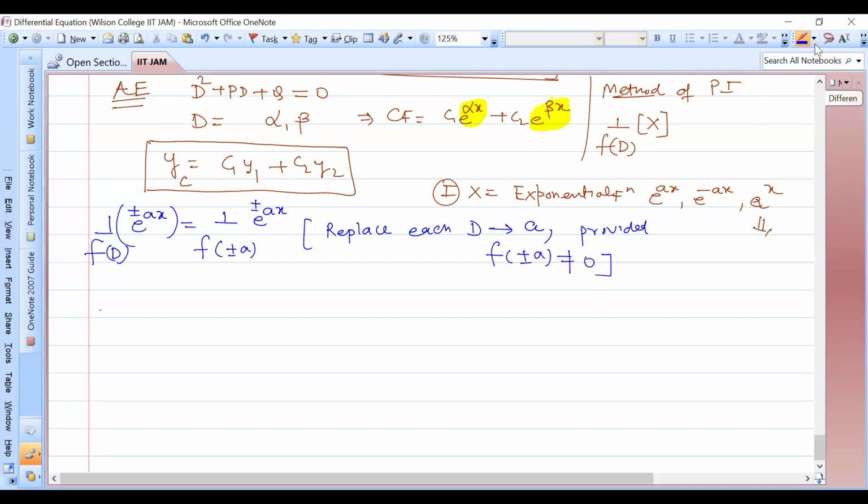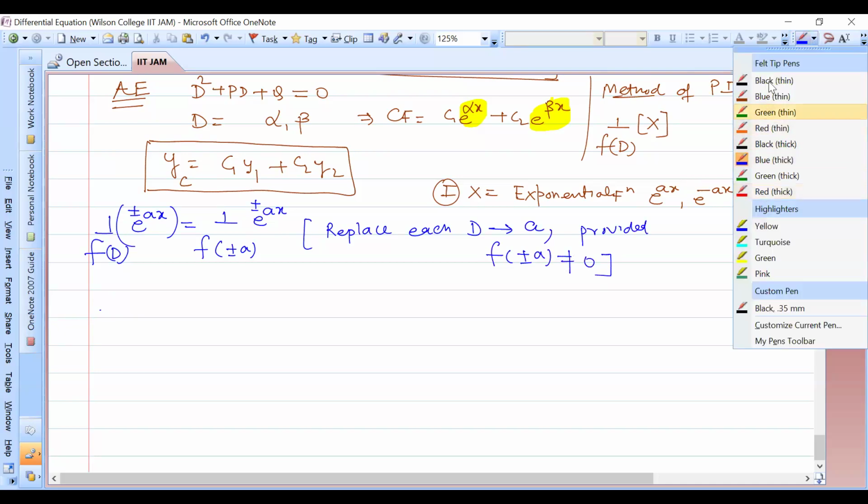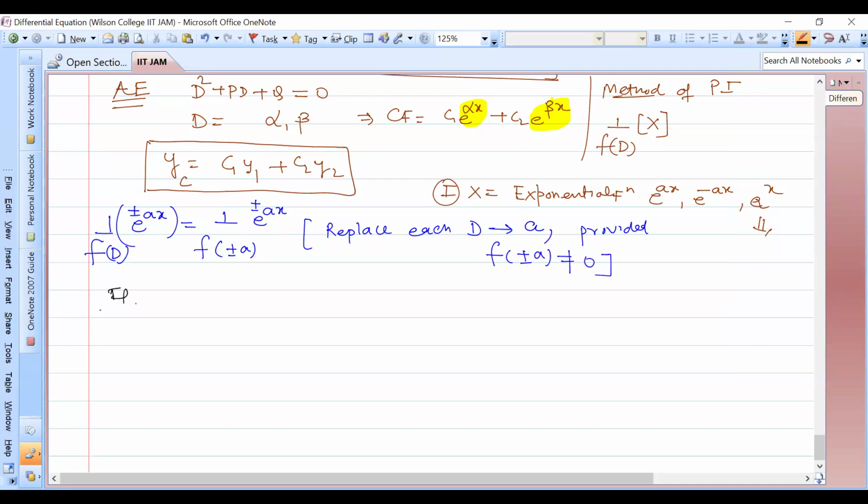Here, if f of a equals 0, then what happens? We take its derivative. For 1 upon f of D e raised to ax, we get x upon the derivative of the denominator with respect to D, and later we put D equals plus minus a. This is one case.